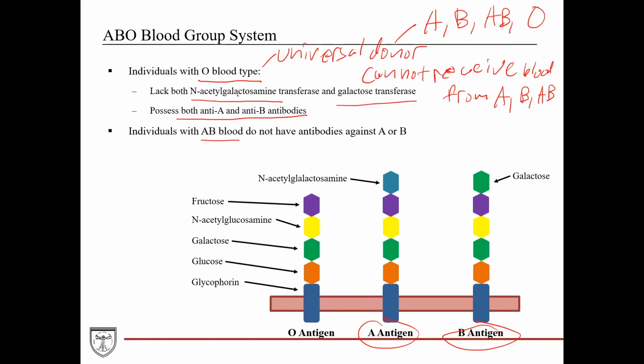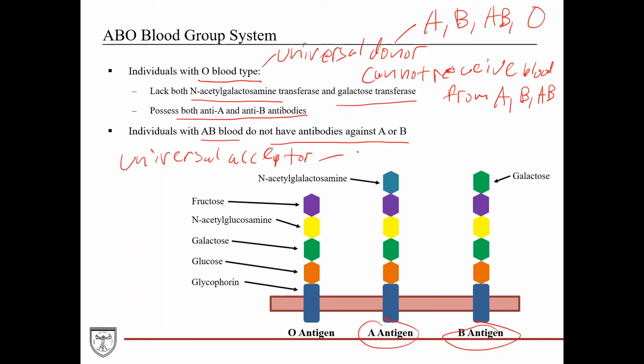Lastly, individuals with AB blood have both the A antigen and the B antigen. They have both of these enzymes, N-acetylgalactosamine transferase and galactose transferase, so they're going to have all three antigens, and they do not have antibodies against A or B. So they're the universal acceptor.